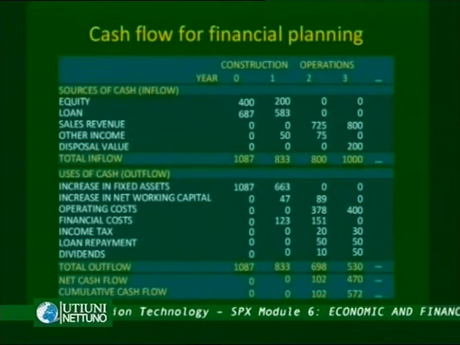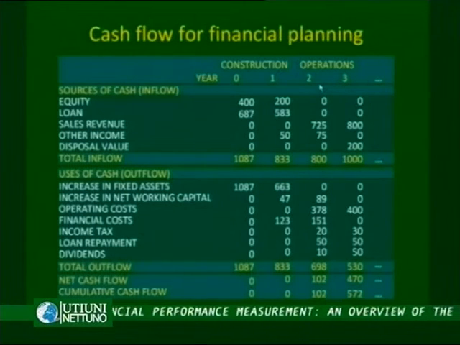So here we are assuming also that a project has a given life of a certain number of years, and that the project requires year 0 and year 1 of construction, and then we are assuming that from year 2 the operations of the project will start. So in year 2 the project will start producing revenues and costs related to the production and sale of goods and services.